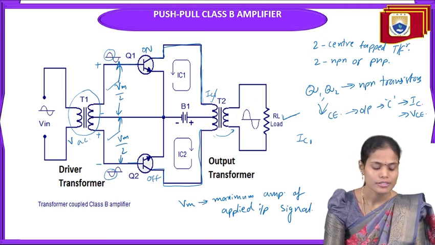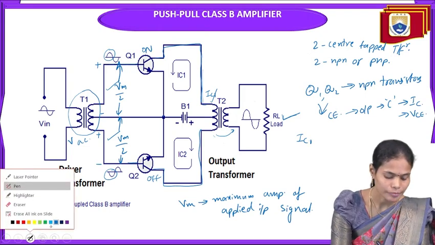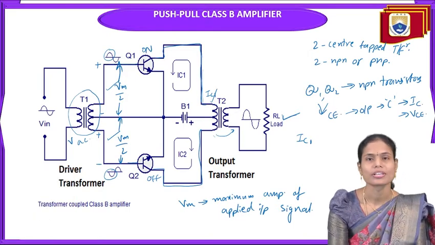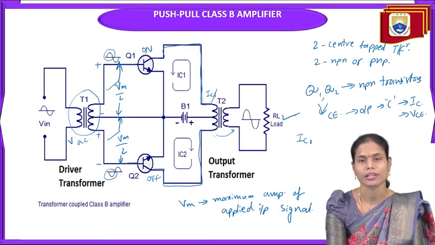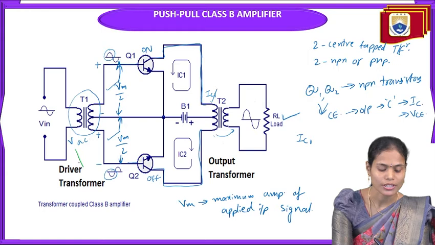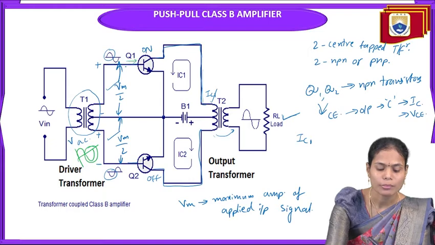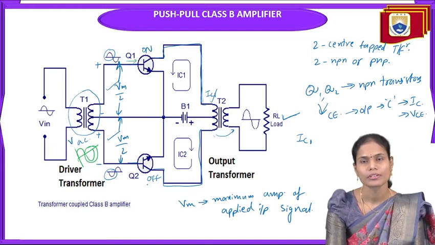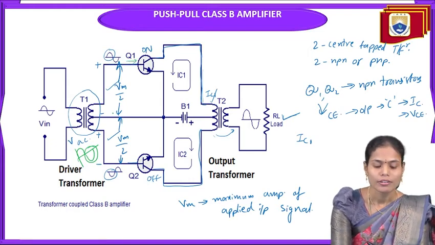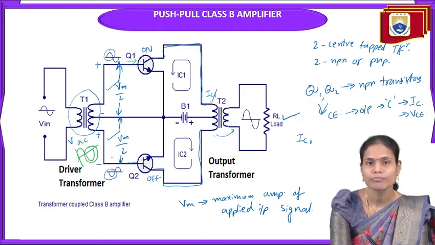Okay, and similarly if I take my second half cycle, the negative half cycle of this applied input signal. This negative half cycle is directly applied to the base of Q1 here, and I have already mentioned that when you are providing the voltage, it is divided into two halves with opposite polarity.